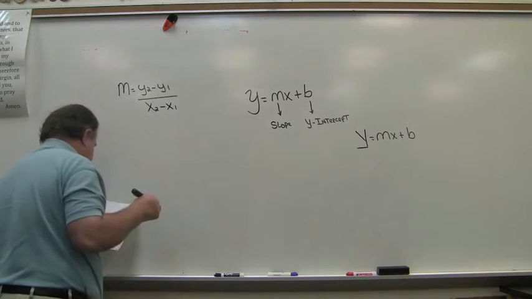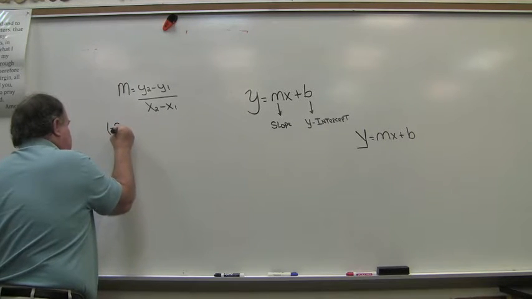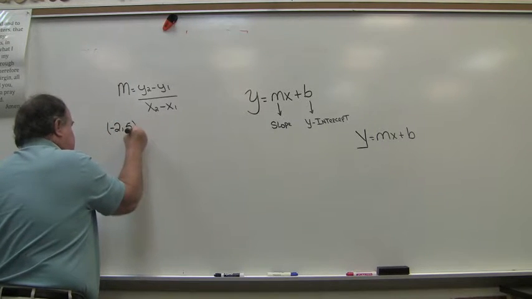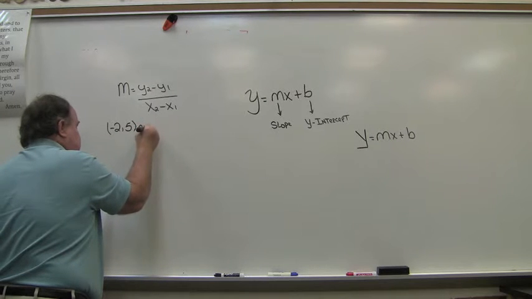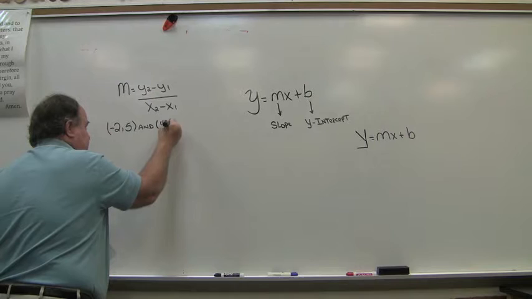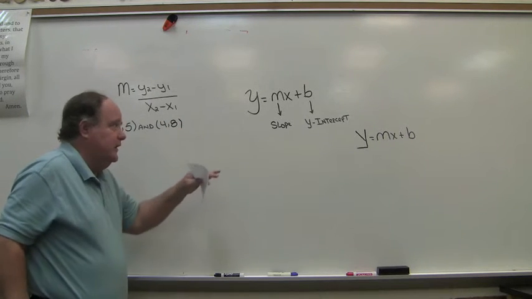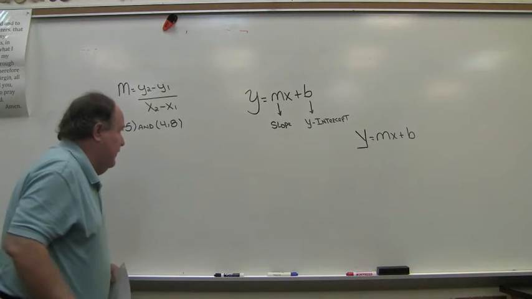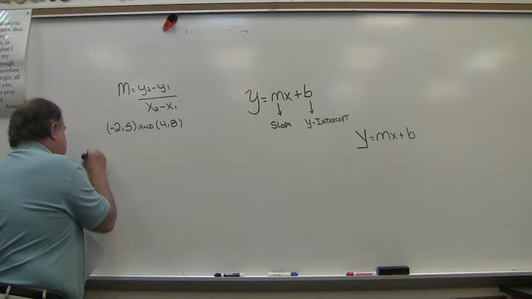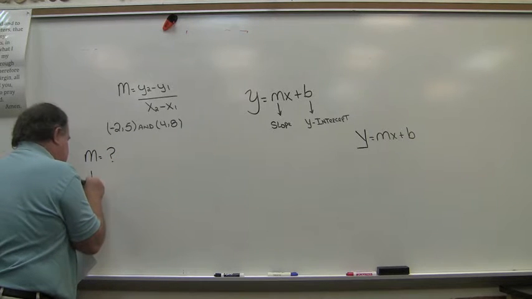Okay, and in this case they give us 2 points. They give us a point here, negative 2, 5, and they give us 4, 8. Okay, we still need to find the two things. I need to find a value for my slope, and I need to find a value for my y-intercept.